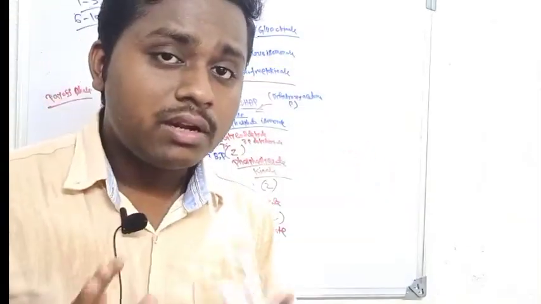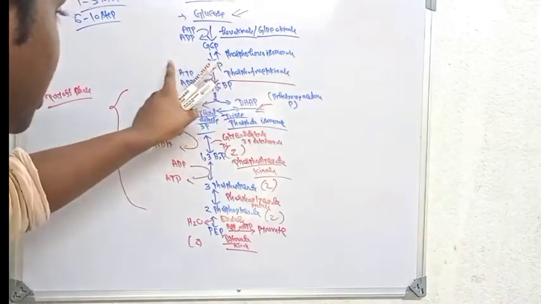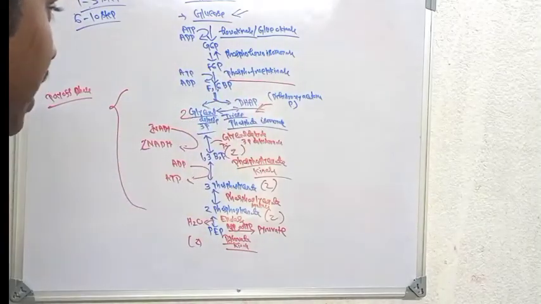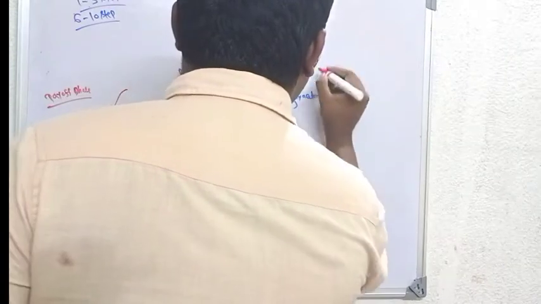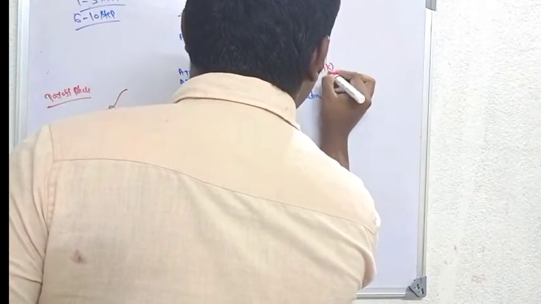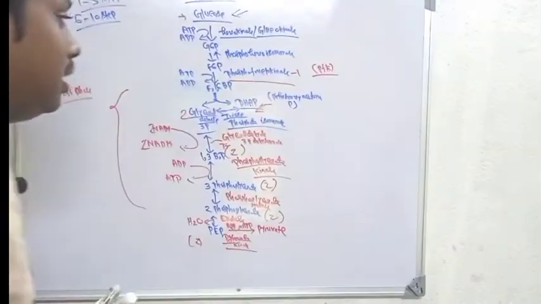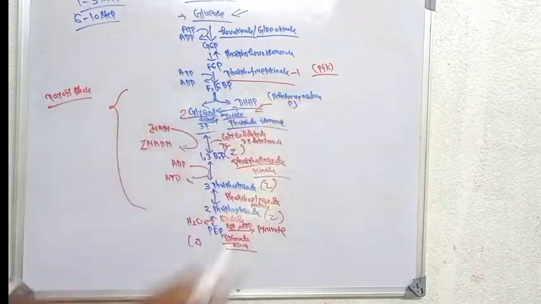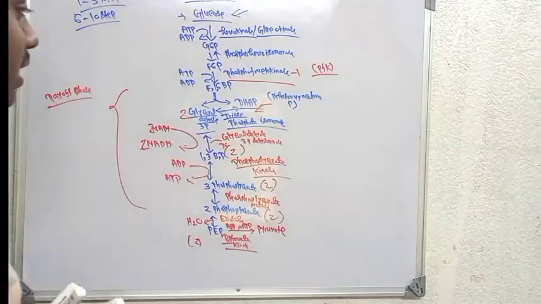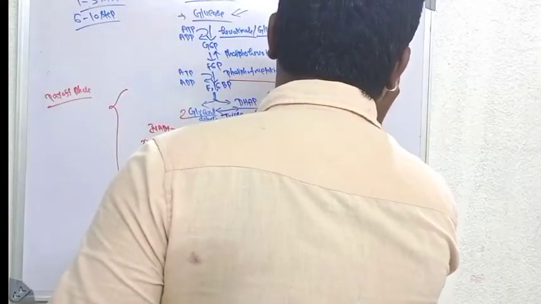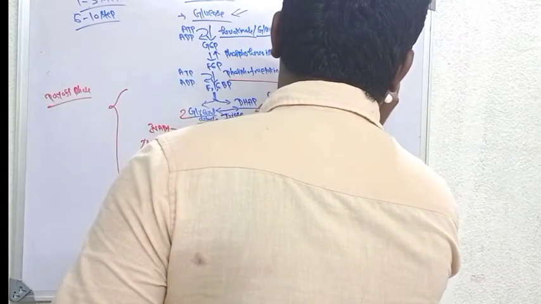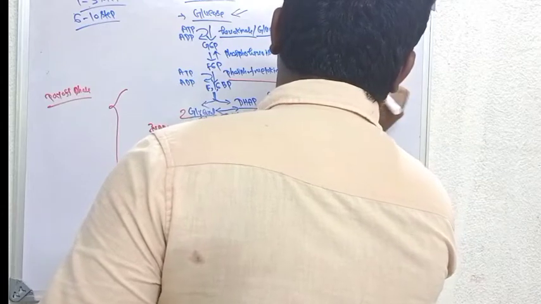The most important regulatory step is the phosphofructokinase, or simply PFK1 enzyme. This enzyme is an allosteric enzyme and an inducible enzyme. It is regulated by different factors like insulin and glucagon.